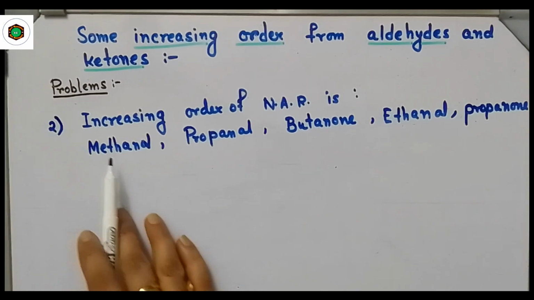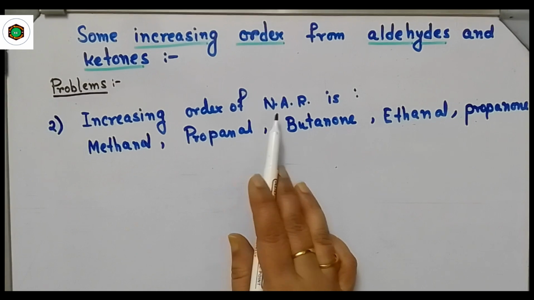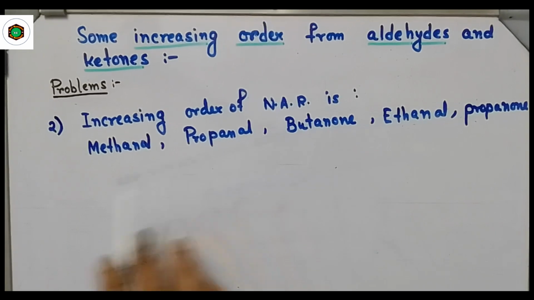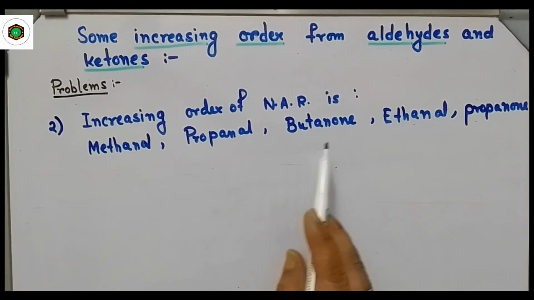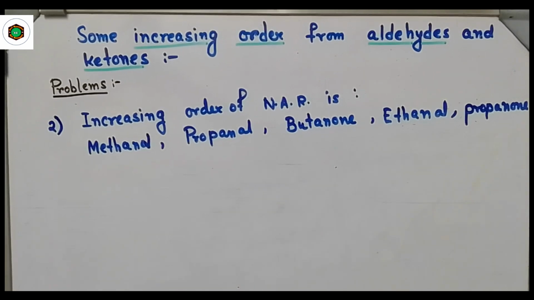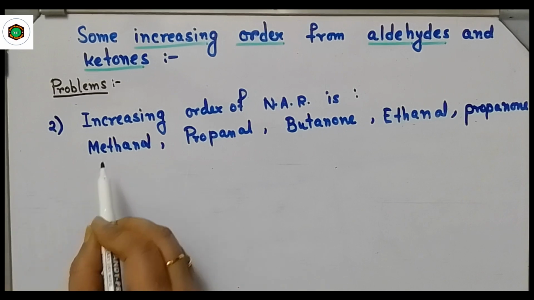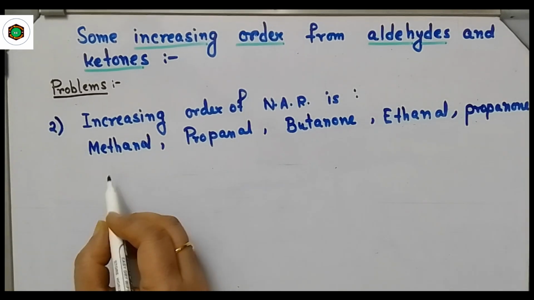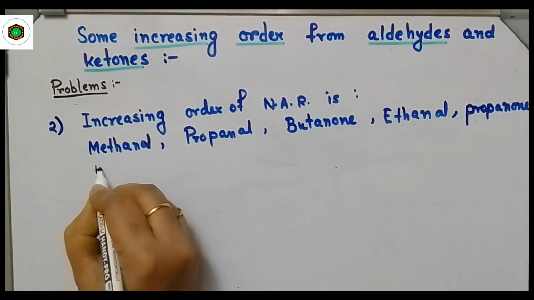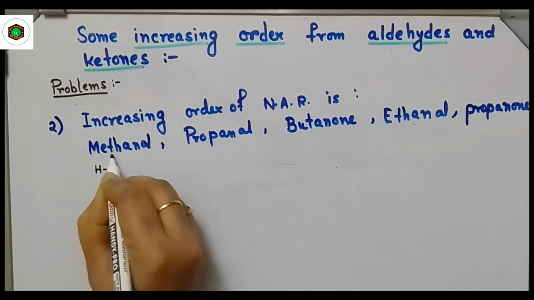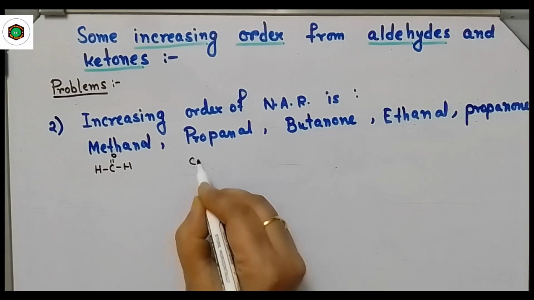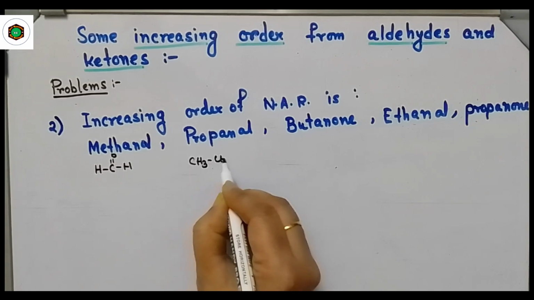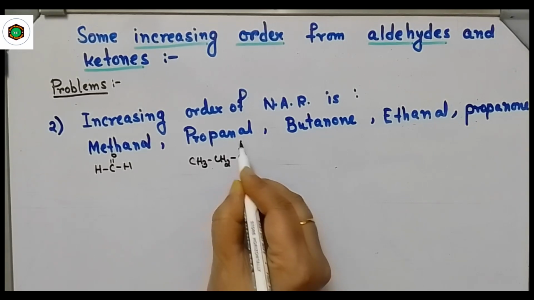Next question, increasing order of nucleophilic addition reaction is, some compounds are given: methanal, propanal, butanone, ethanal, propanone. First, draw the structures. Methanal means this one. Propanal means CH3, CH2, CHO, aldehyde.